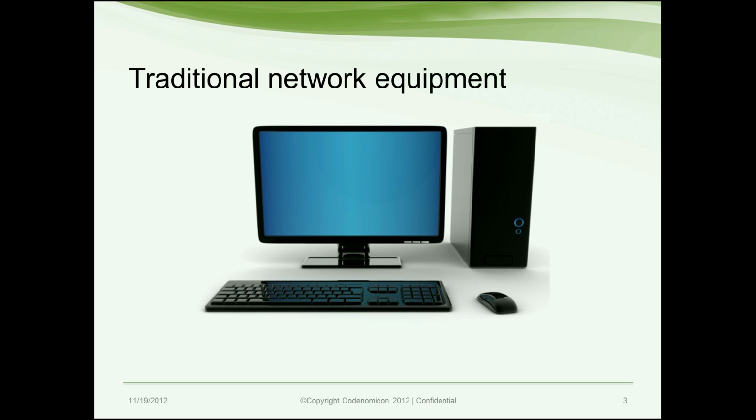So to begin with, I would like to take a look at a traditional network, let's say 5, 10, 15 years ago. A typical network would consist of routers, switches, cables of course, and a standard desktop PC as we know them and as we see them in this picture, and maybe servers.